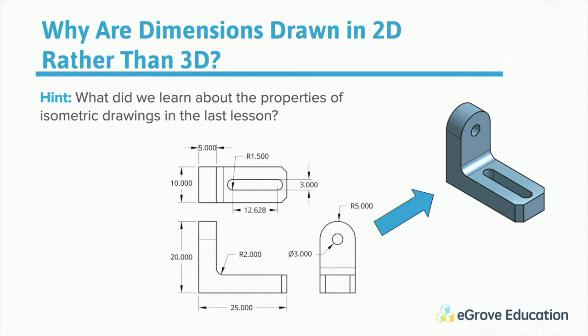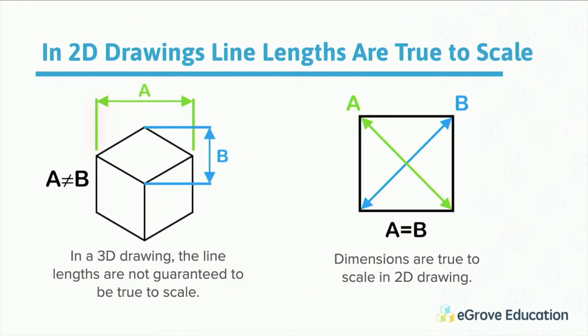What we learned is that sometimes in the 3D view, some of the dimensions aren't really represented to scale, and in 2D, they're exact. That's why we always put dimensions on the 2D views rather than on the 3D isometrics. So again, in a 3D drawing, the line lengths aren't guaranteed to be true to scale, but in 2D, we know for sure that the diagonals are equal, even though they don't look like it in the 3D isometric on the left side.